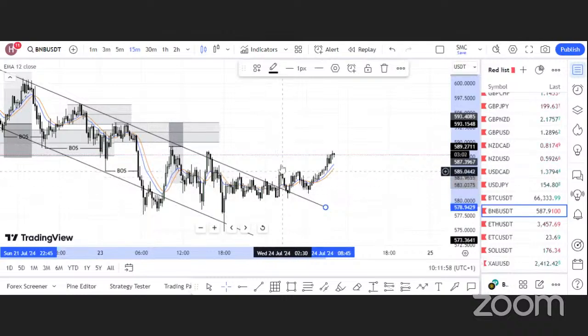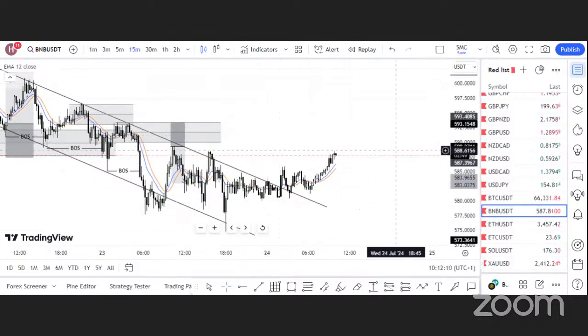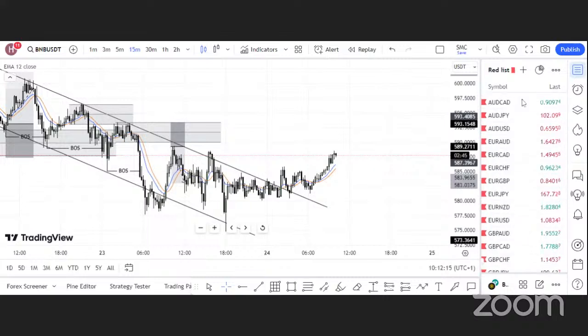After the breakout, the market came back, made a retest, and then continued to go bullish. So you see, this is the power of the strategy I taught you guys yesterday.